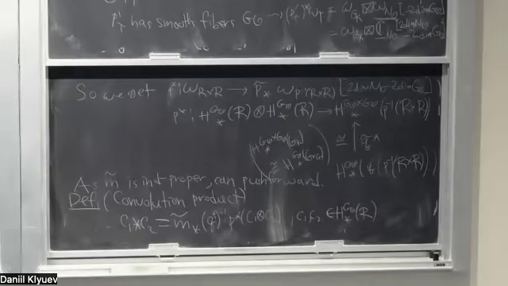The notation is that this is A or A_G,N. And then, as we said at the beginning, the Coulomb branch will be the Spec of A.